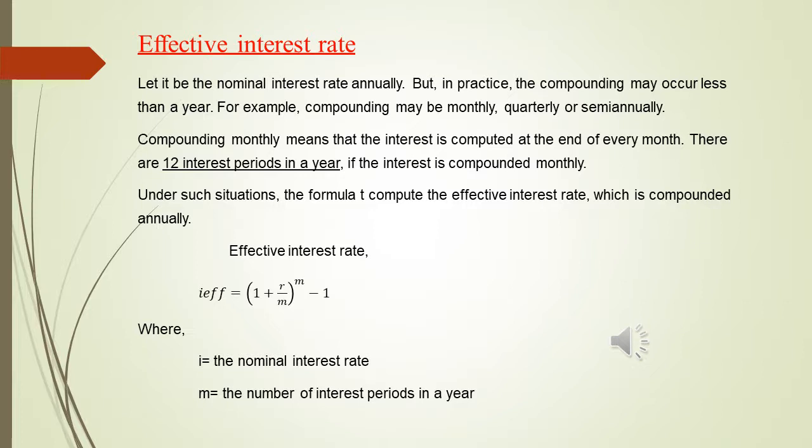Here R is the nominal interest rate, that is what you have to find, and M is the number of interest periods in a year. It could be quarterly, monthly, or semi-annually, so that is M. We have problems under this, so let's go through it.